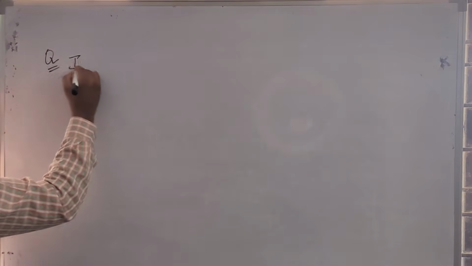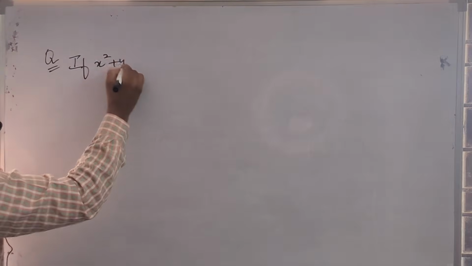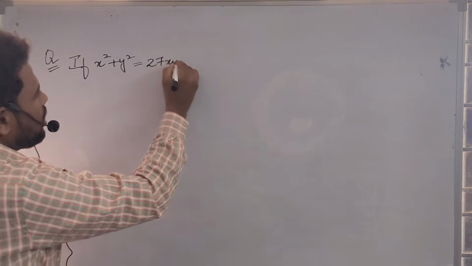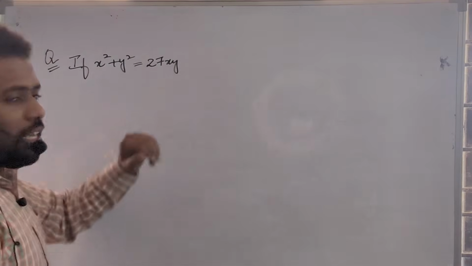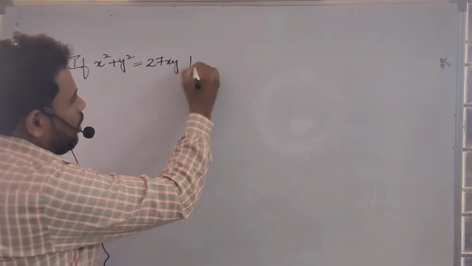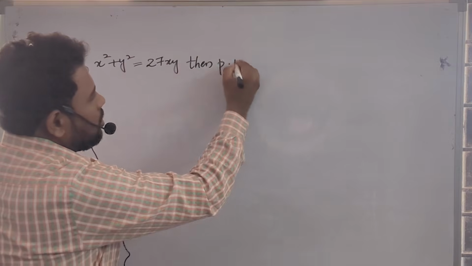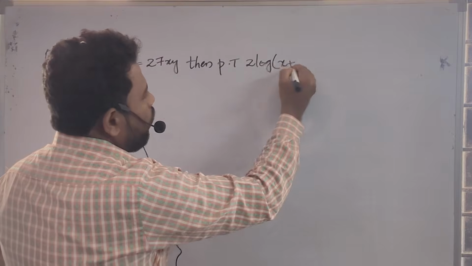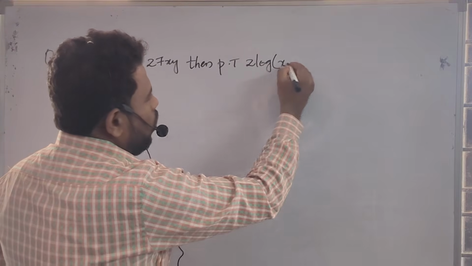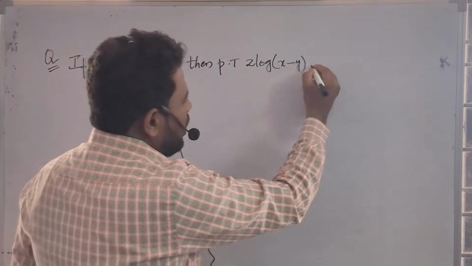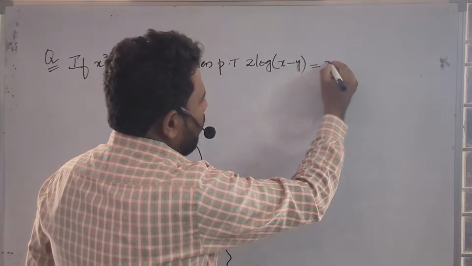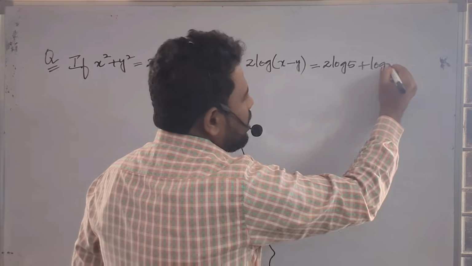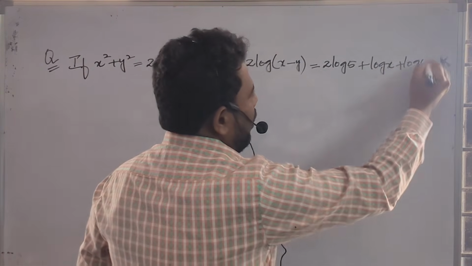So the question is: if x square plus y square equals 27xy, then prove that 2 log of (x minus y) equals 2 log 5 plus log x plus log y.